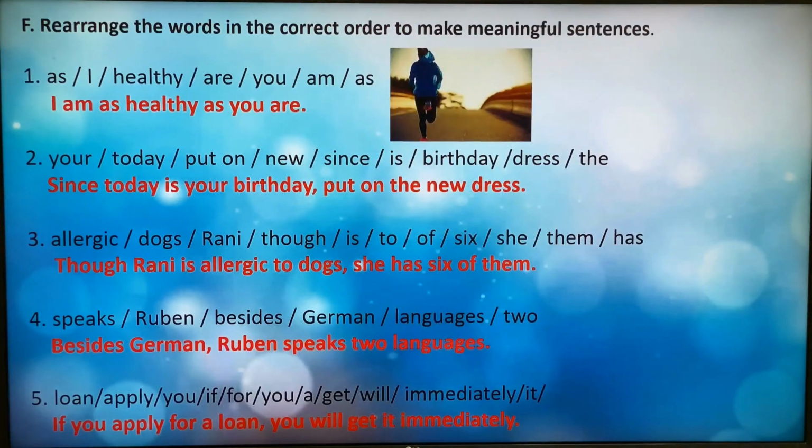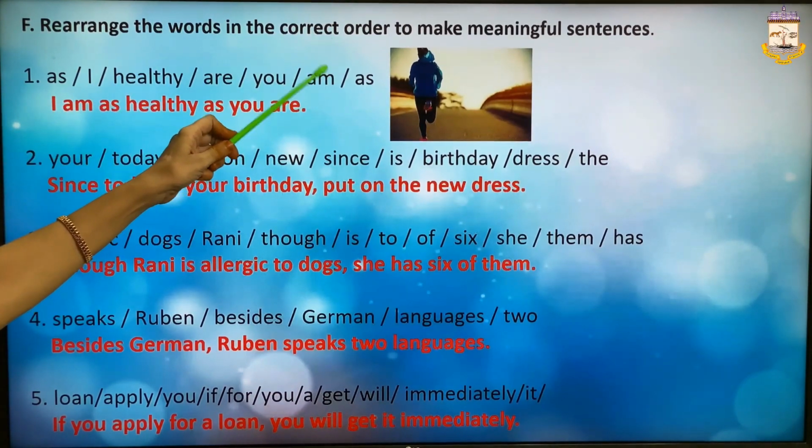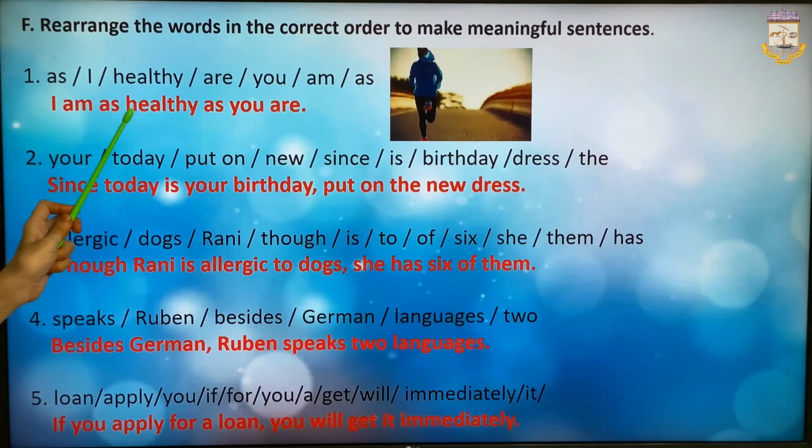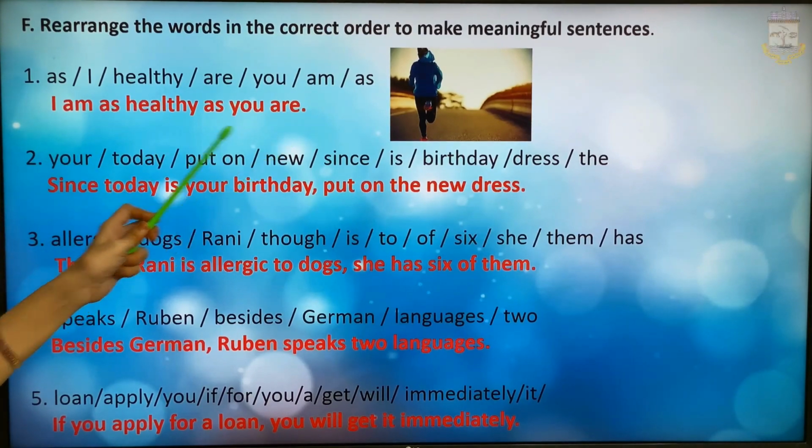Last exercise F. Rearranging the words in the correct order to make meaningful sentences. As, I, healthy, are, you, am, as. All you have to do is rearrange them. I am as healthy as you are.